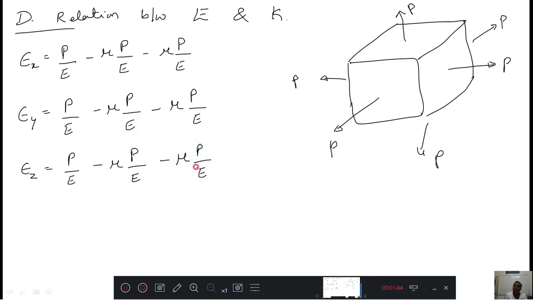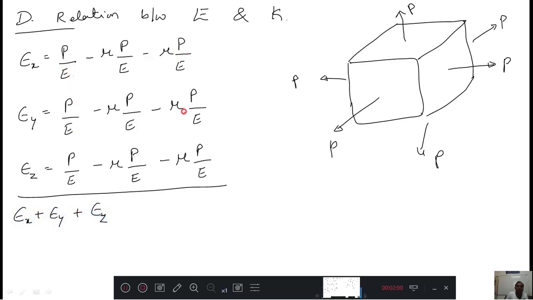In x, y, z directions the pressure is the same, therefore we get the same equation in all three dimensions. If I add all of them, I get epsilon x plus epsilon y plus epsilon z.